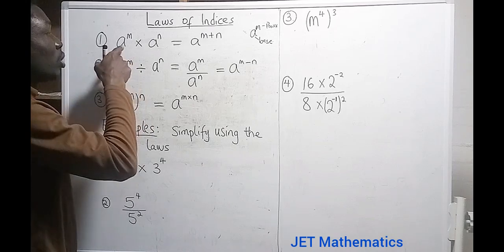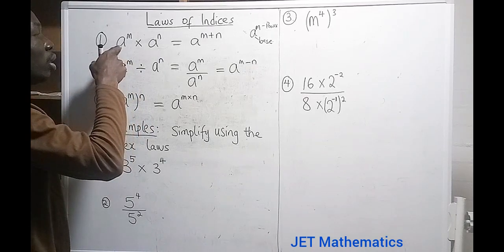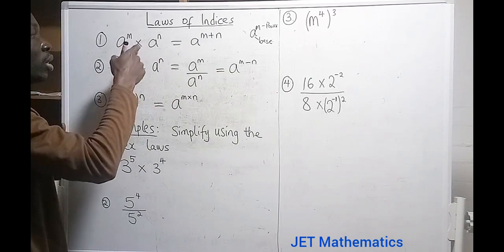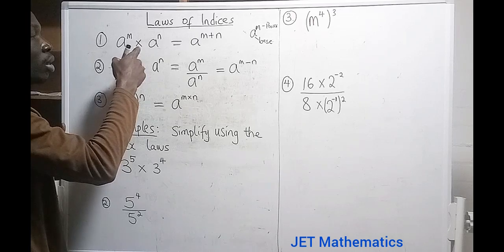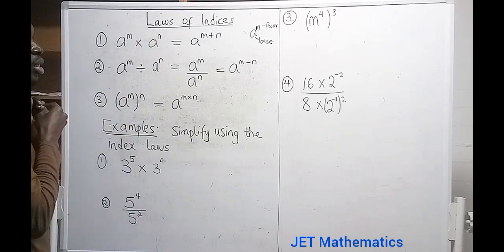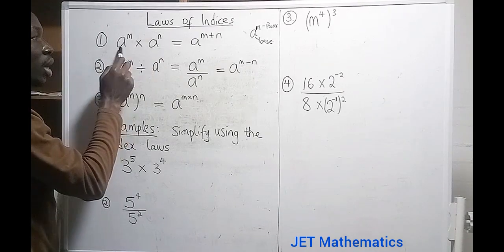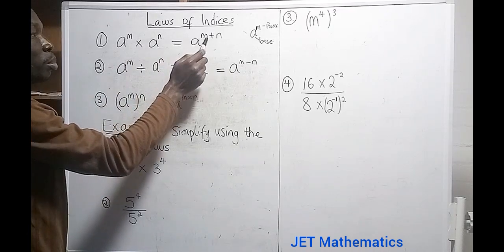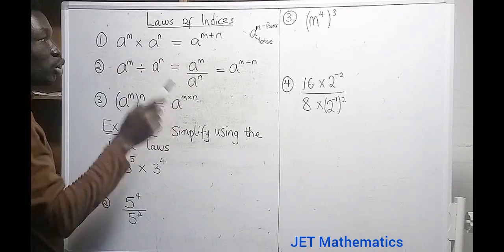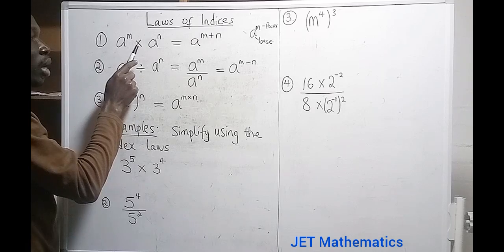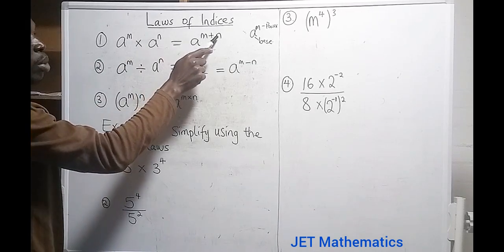So we say if we have a number base a raised to the power of m times another number base a raised to the power of n. Now since the bases are the same, we can simply sum up the power, but you must first ensure that the bases are the same, and when they are multiplying you sum up the power.